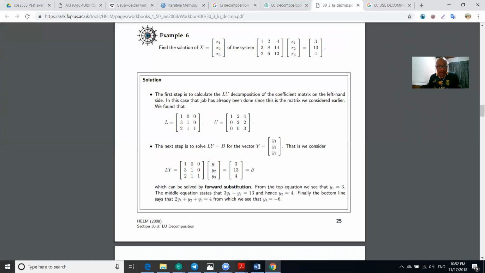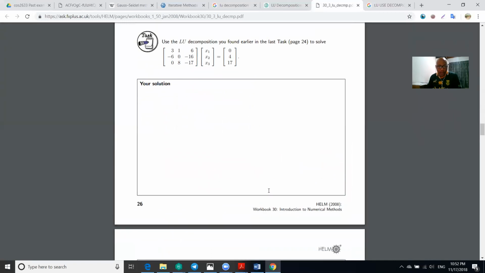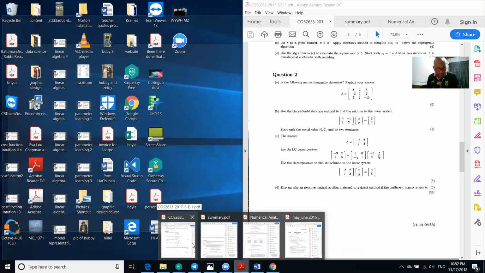Our L is a matrix with ones on the main diagonal, right? So that's our L, and then we equate. We say Ly equals B.